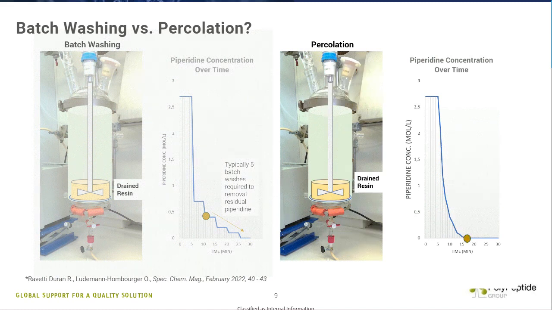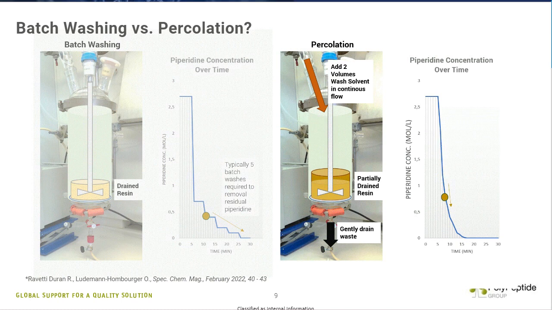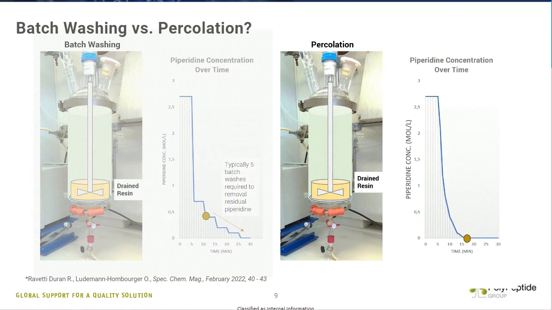So I would say that it is essential in this case. In terms of after deprotection, because we're implementing our percolation, we don't necessarily need to increase our washes. So I would say after couplings, but maybe not so much after deprotection. But it would depend on, of course, the amino acid position.